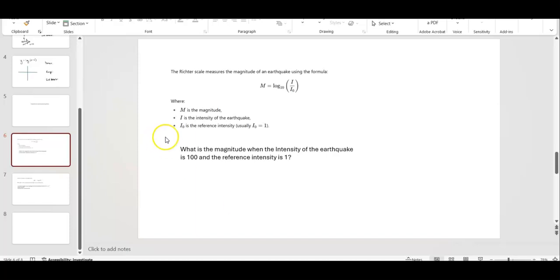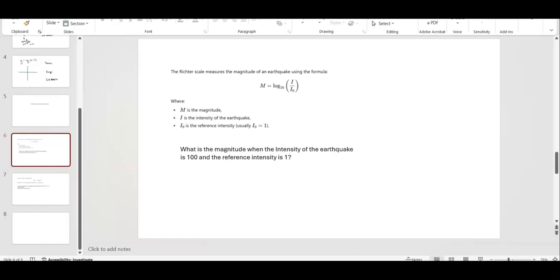For example, you might see something like this, where you have some sort of equation and you're given the values and you just plug those values into Desmos. This one is log base 10. There's an intensity value, which is 100, and a reference intensity, which is 1.